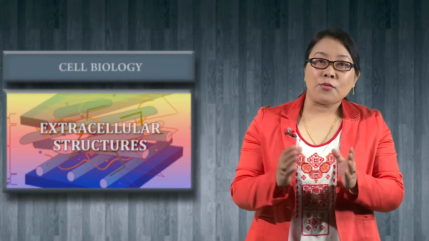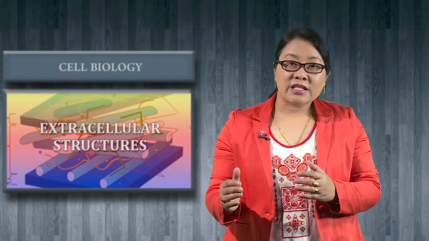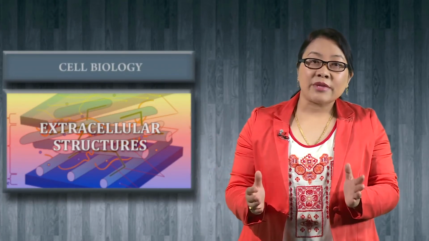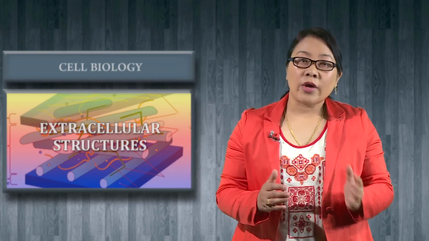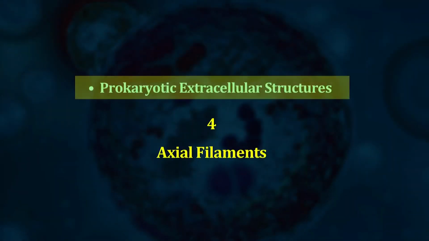Motile bacteria move by taxis in two ways: positive taxis, or movement towards an attractant, and negative taxis, or movement away from a repellent. The next are the axial filaments.